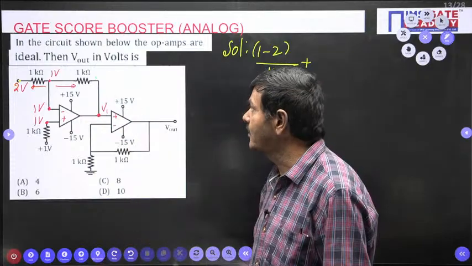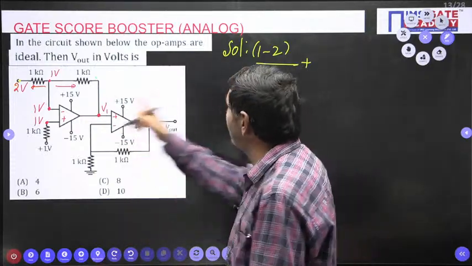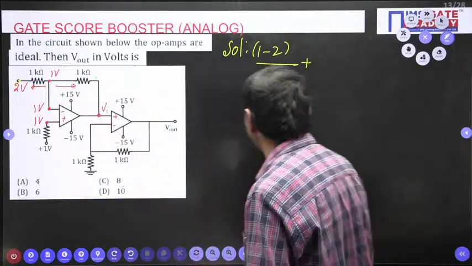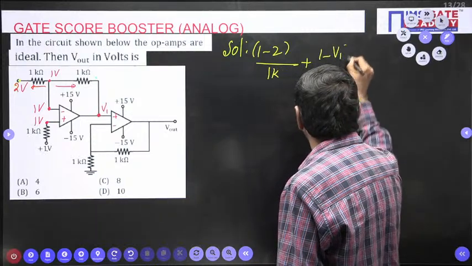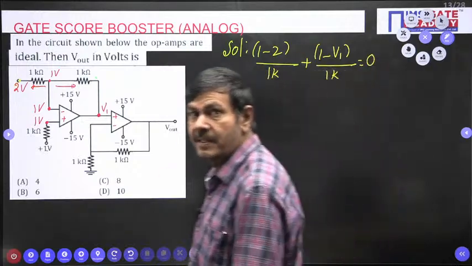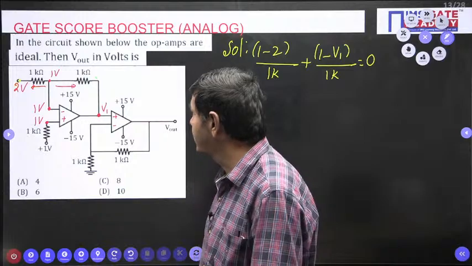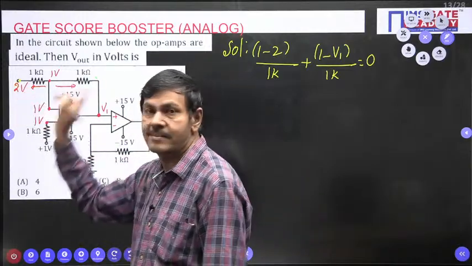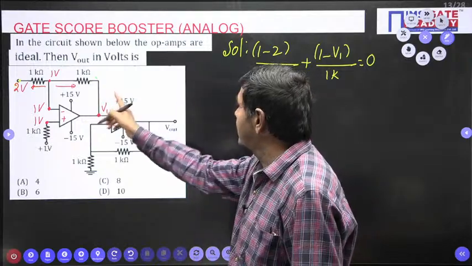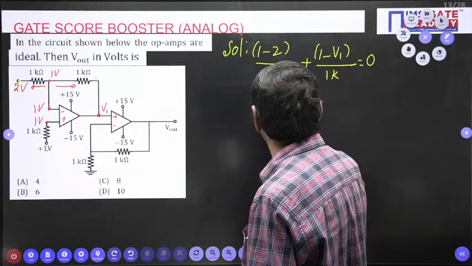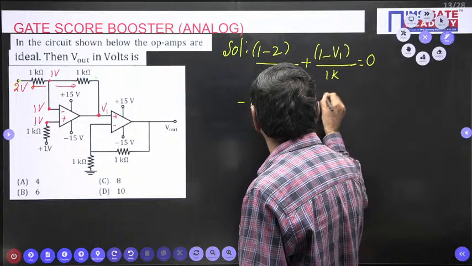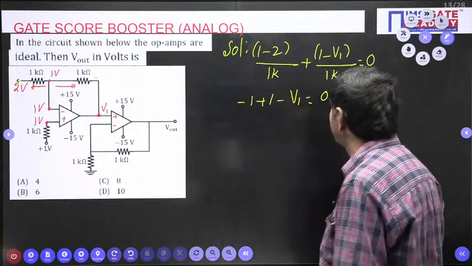Anyhow, (1 minus 2) by 1k, and this side current is (1 minus V1) by 1k, that equals 0 as per nodal. Catch my point: this node voltage is 2 voltage. (1 minus 2) by 1k plus (1 minus V1) by 1k equals 0. K cancels, so I am getting minus 1 plus 1 minus V1 equals 0. Finally, V1 equals what voltage can I get now?